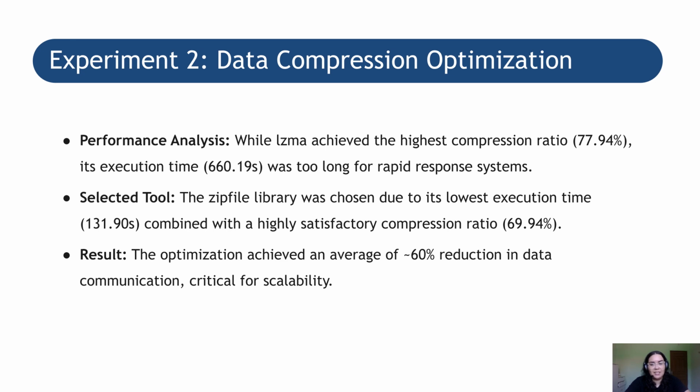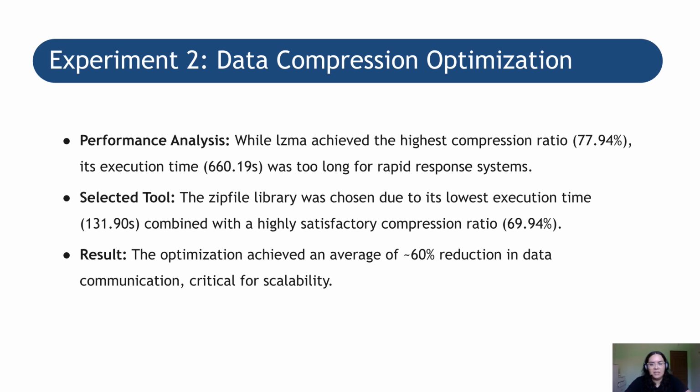Let me emphasize why this is so important. 60% reduction means that instead of transmitting an 8 gigabyte dump, we transmit only about 3.2 gigabytes. Instead of a 16 gigabyte dump, we transmit about 6.4 gigabytes.